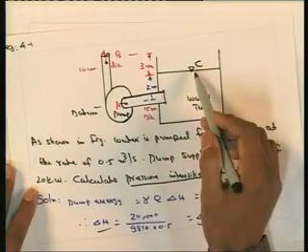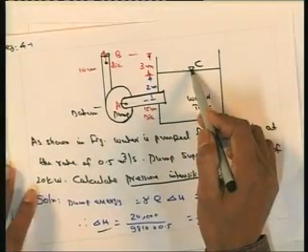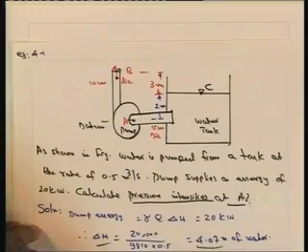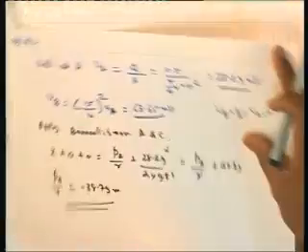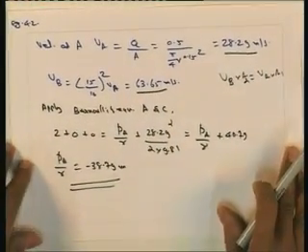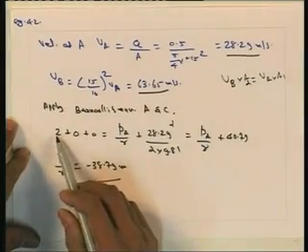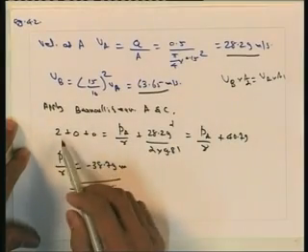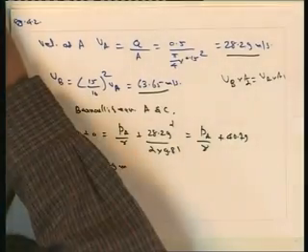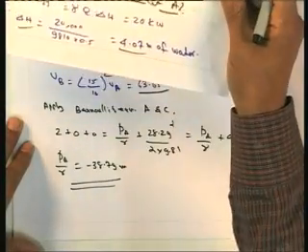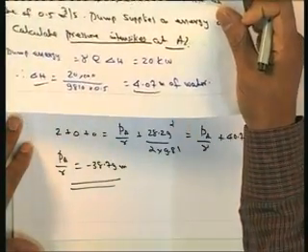If we consider Bernoulli's equation between point C and A, we can write the equation, and all the values are known.